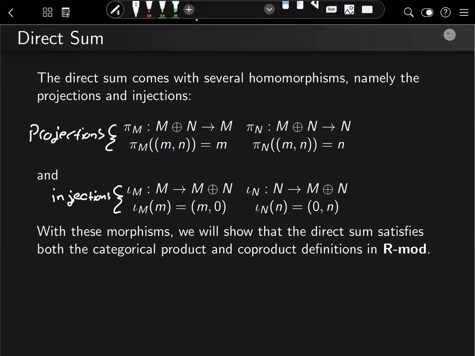We just take the other element to be 0, so that M sits inside of the direct sum as a submodule. That's an important note: M and N are submodules of the direct sum.